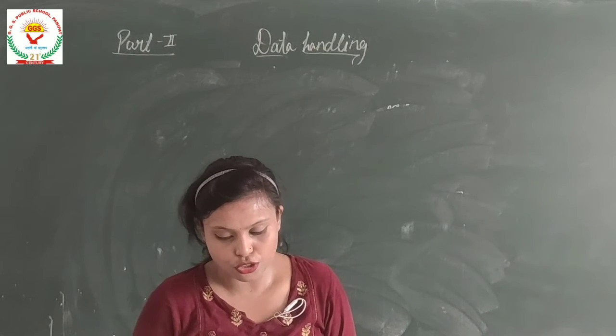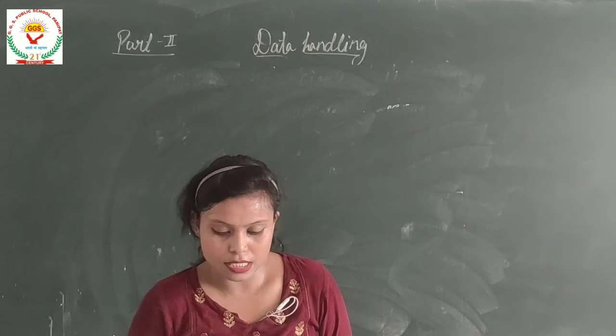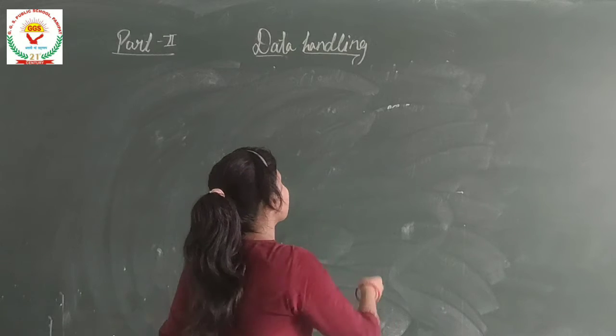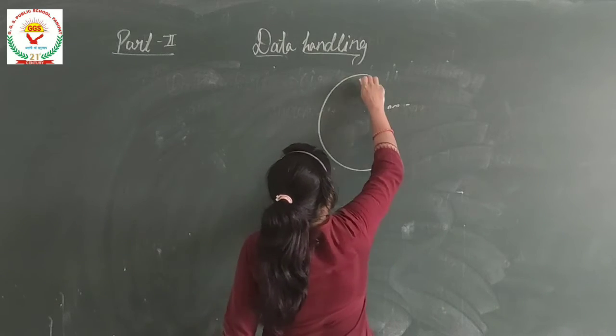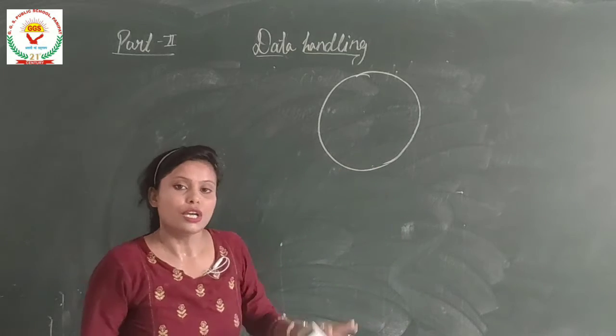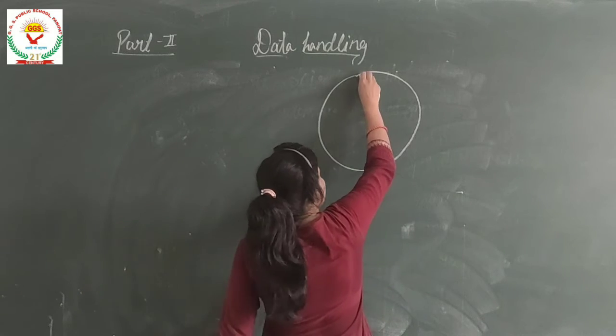The adjoining pie chart shows the findings of the survey. In this question we are given the pie chart, and we need to find out the data from this pie chart.